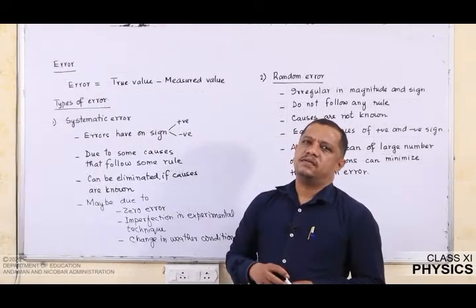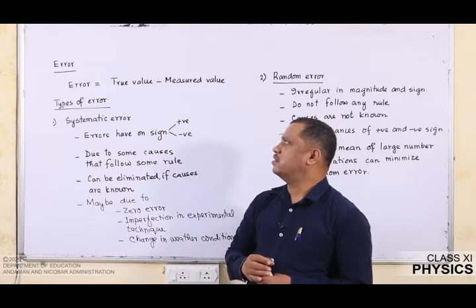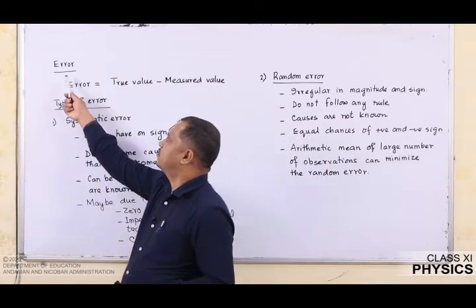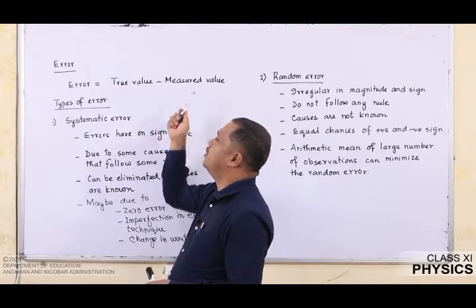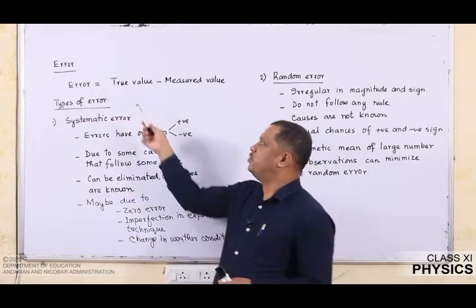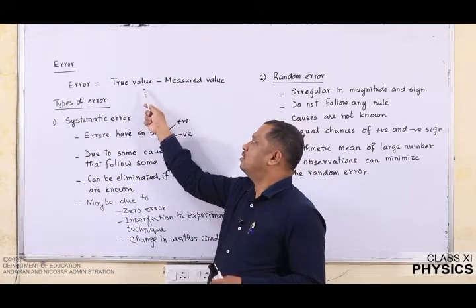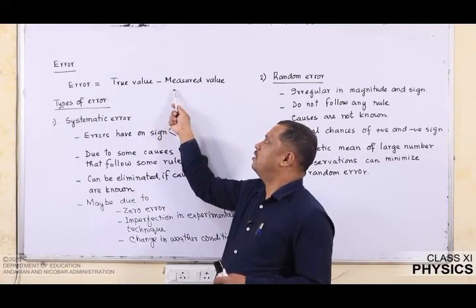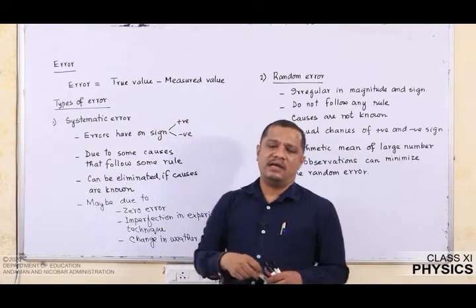So dear students, technically what do we actually mean by the term error? See, error is equal to true value minus measured value. So when you find true value minus measured value, this is nothing but the difference between the observed value and the true value, called an error.